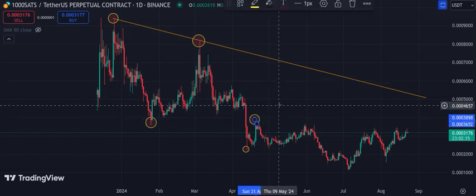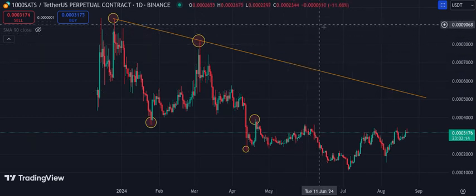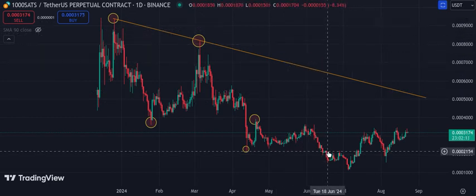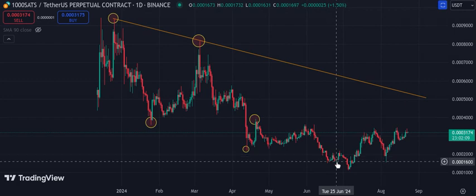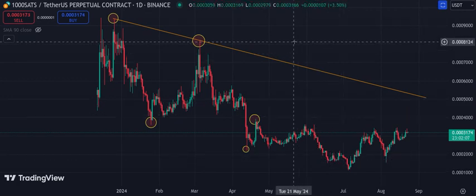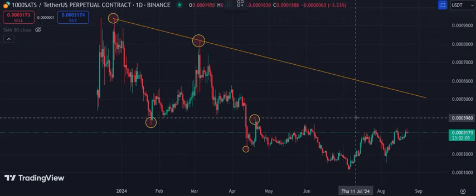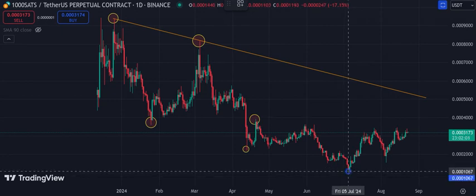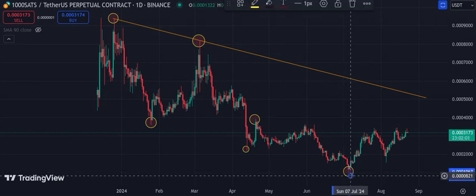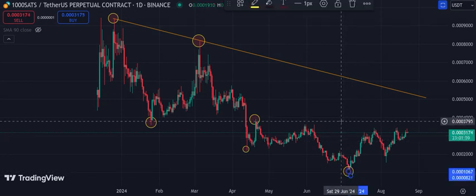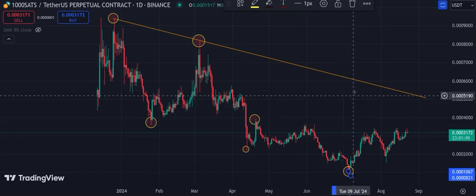Let's call this a high because there is a break here, and this also will be a low. So you can see in the market series of lower high, lower low, lower high, lower low, lower high. So the market is bearish from a 1 day time frame.